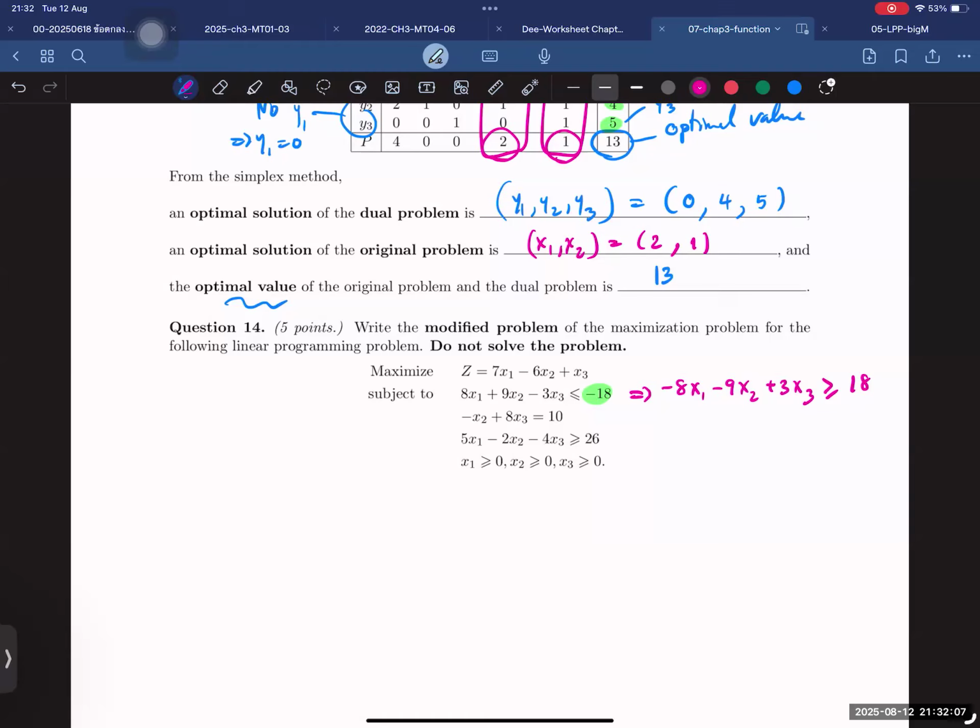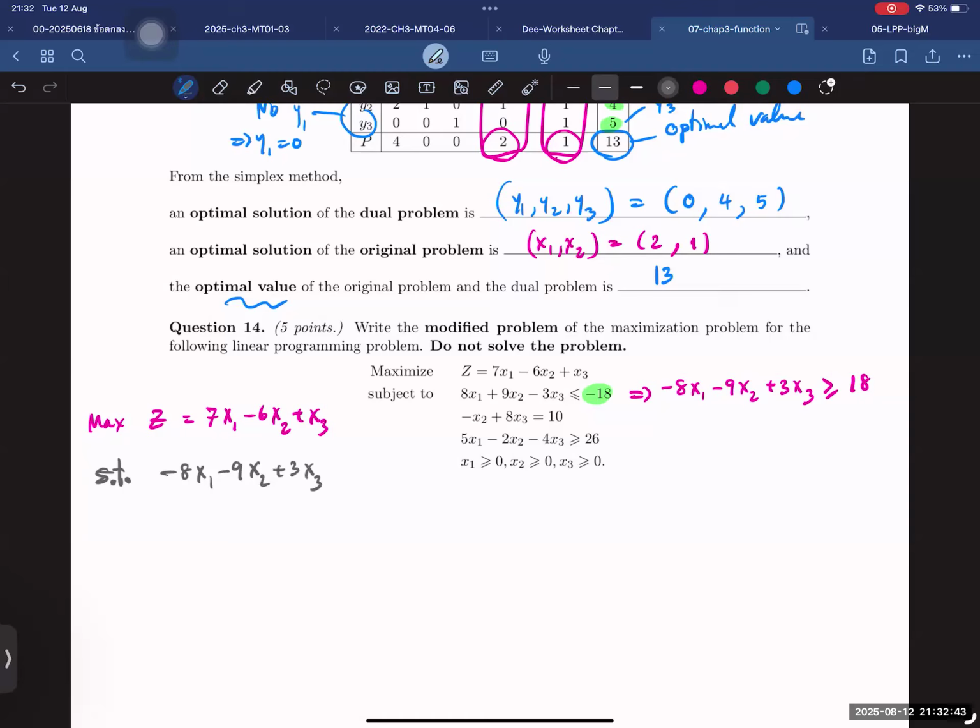So the modified problem would be max of C equal to something, right? 7x1 - 6x2 + x3, but maybe we have to add the M, but we haven't seen that yet. Let's start from the first constraint. Subject to, I use the short form ST, -8x1 - 9x2 + 3x3.